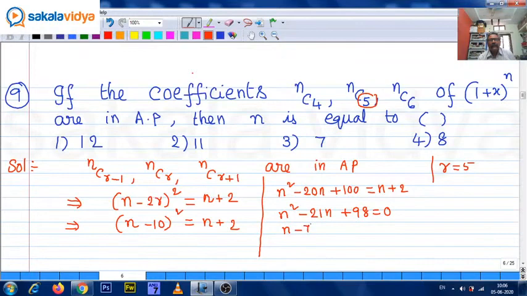(n minus 7) multiplied by (n minus 14) equals to 0. Therefore n is equal to 7 or 14.